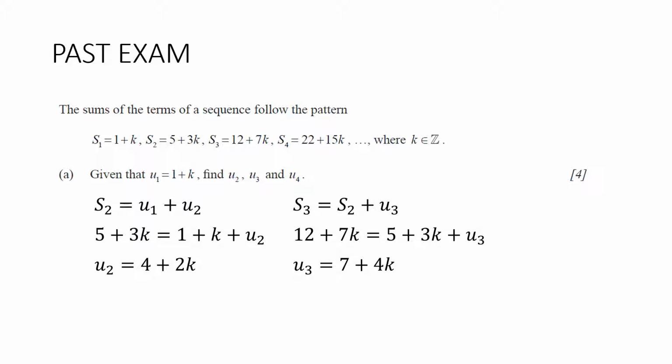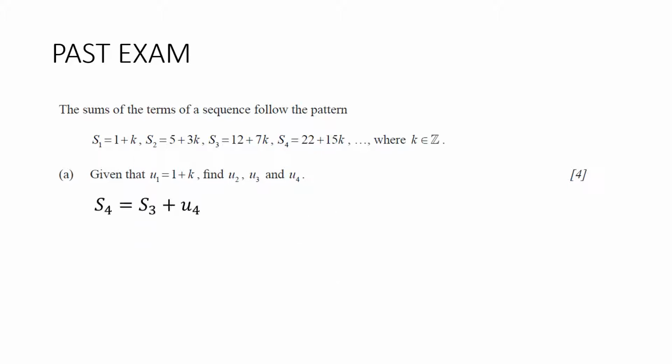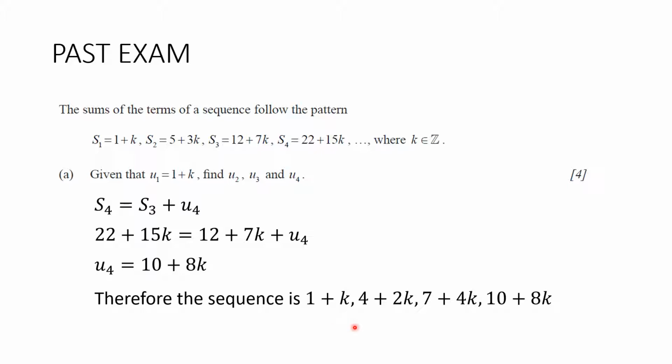And then finally, doing this one here, the sum of 4 terms must be the sum of 3 terms plus the 4th term. We know this, substitute in, solve. So the 4th term is 10 plus 8k. So our sequence is 1 plus k, 4 plus 2k, 7 plus 4k, and 10 plus 8k.